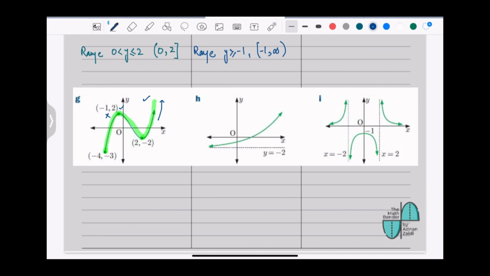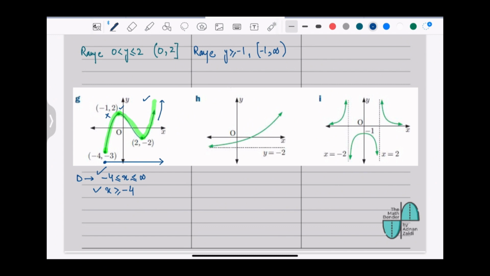So if we see the horizontal stretch, as we could see, the function will keep on going like this. So the domain of this function is -4 less than or equal to x less than or equal to infinity, or we can also write that as x is greater than or equal to -4.